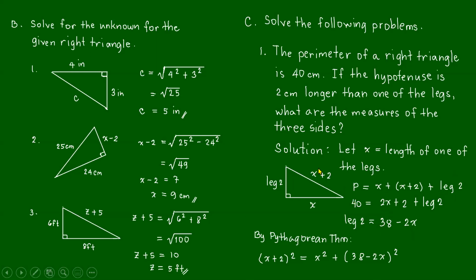Now these measures of the sides of this right triangle must satisfy the Pythagorean Theorem so that we will be able to solve for the x. So x plus 2, which is the hypotenuse, square it. It is equal to the square of one leg, then plus the square of the other leg. 38 minus 2x is the other leg, square it. So let's expand the left and then this second term on the right.